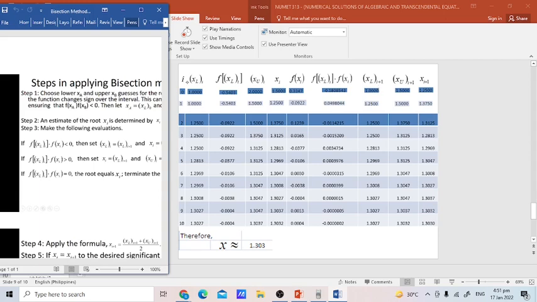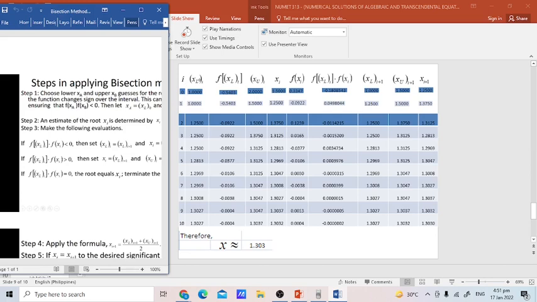Okay? For i equals 0. Sabihin niyan, kung ang i mo 0, x sub l sub 0, siya rin yung equal din siya sa x sub l sub 1, kasi 0 plus 1 is 1. So, x sub l sub 0, x sub l plus 1. Okay? So, 1. Na magre-reflect dito.